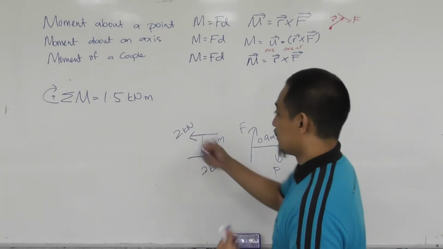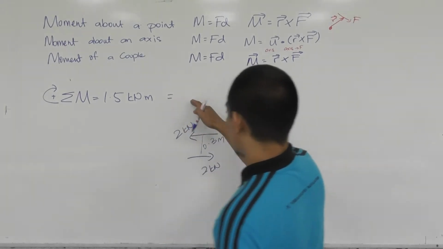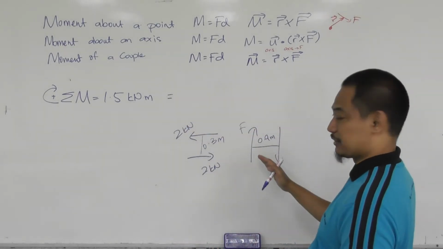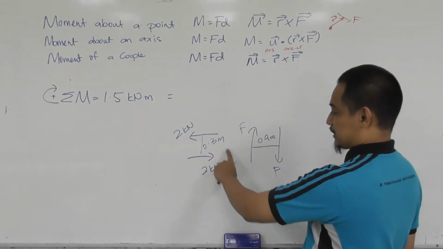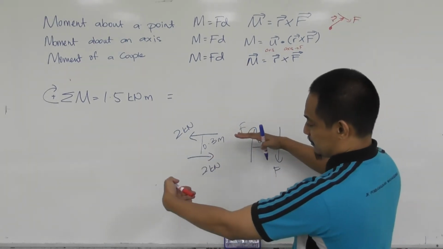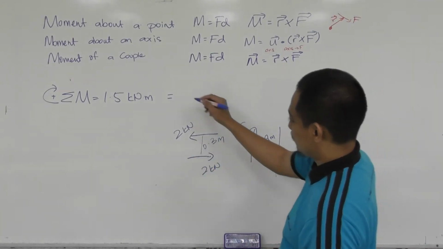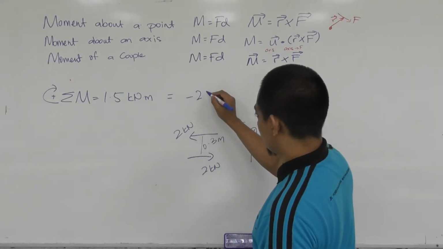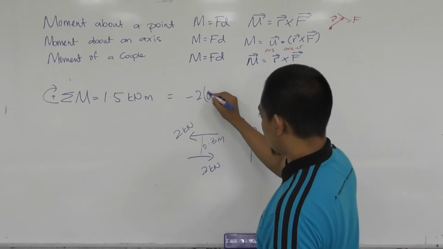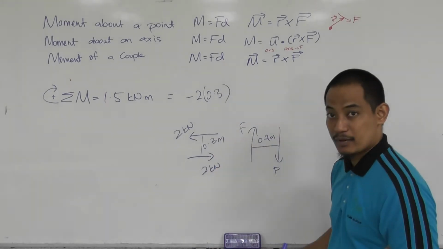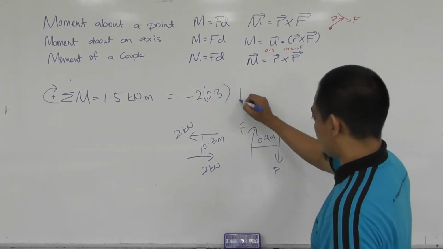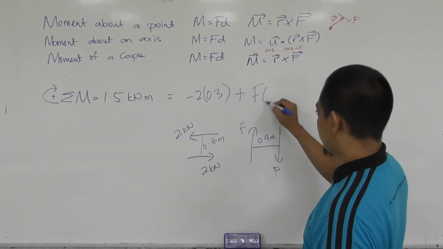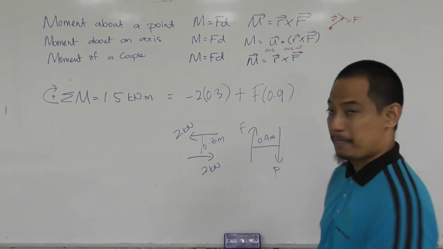So basically 1.5 kilonewton meter is just the summation of this F times d plus this F times d, right? And if you take clockwise as positive, this one is counterclockwise. Hopefully you can see it's counterclockwise. So it will be negative 2 kilonewton times the distance of 0.3. And then this one is clockwise, so plus F times 0.9.